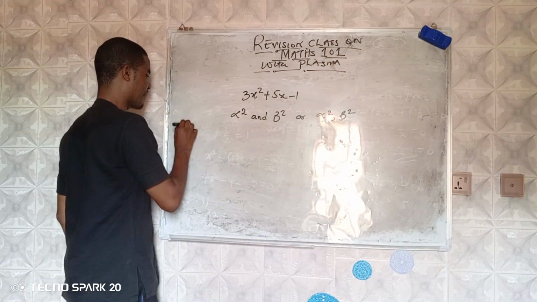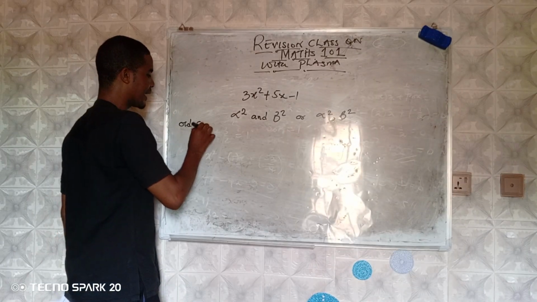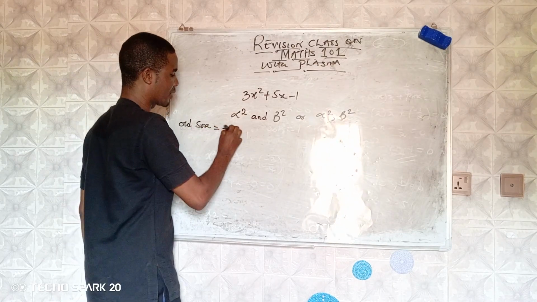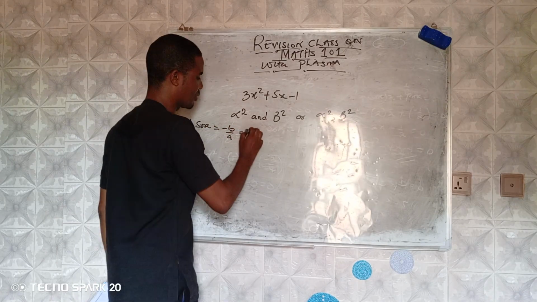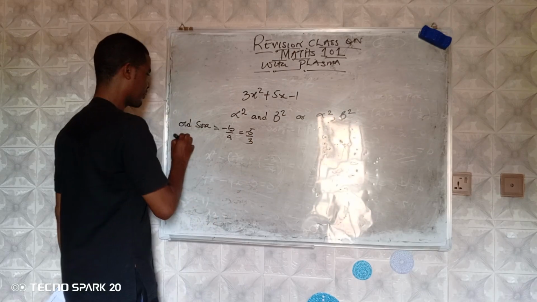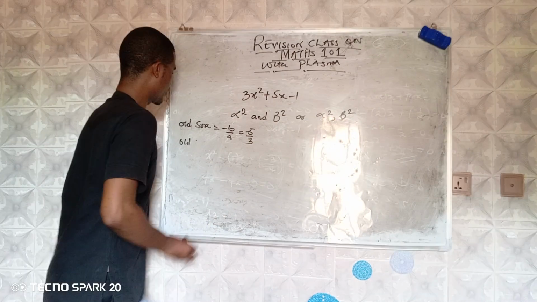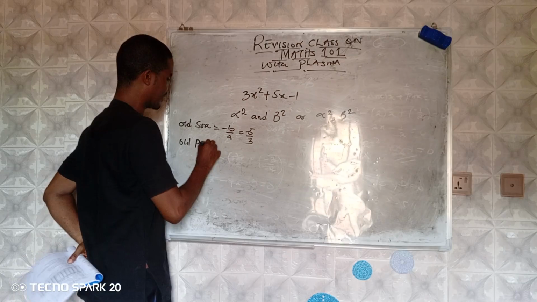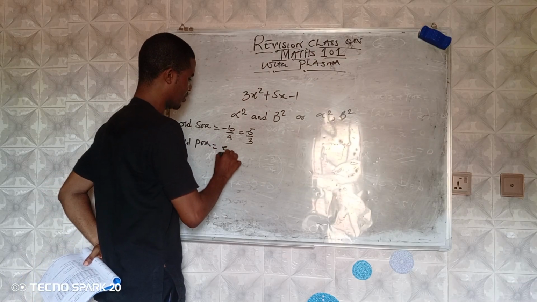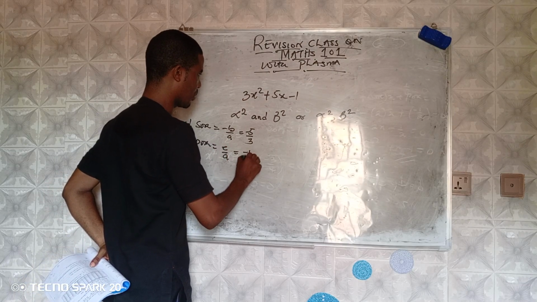So what I'm going to do there, I'm going to find my old SOR, which is minus b over a, which is minus 5 over 3. I'm going to find my old POR, which is c over a. I have minus 1 over 3.